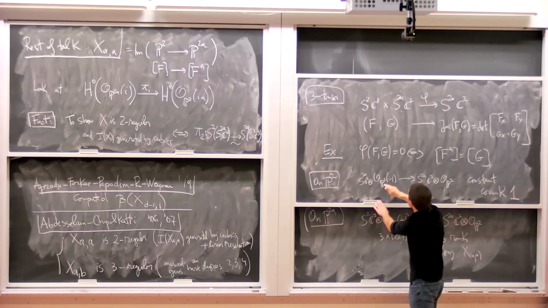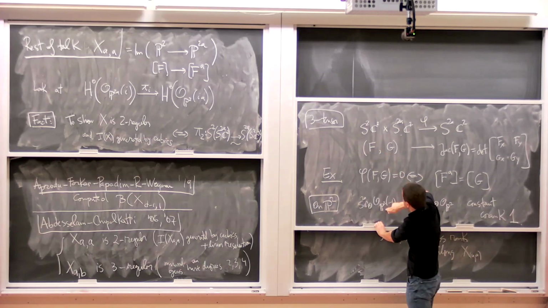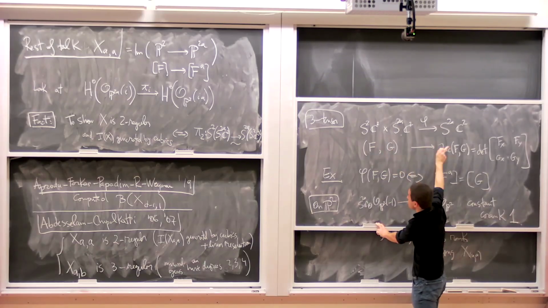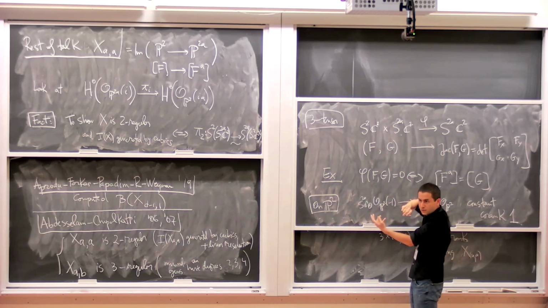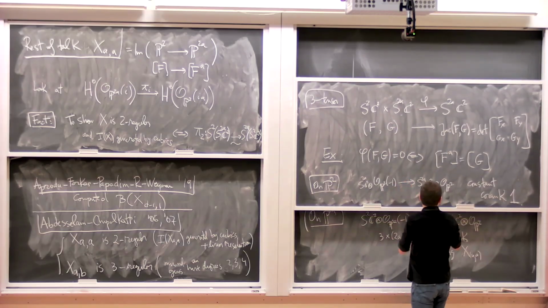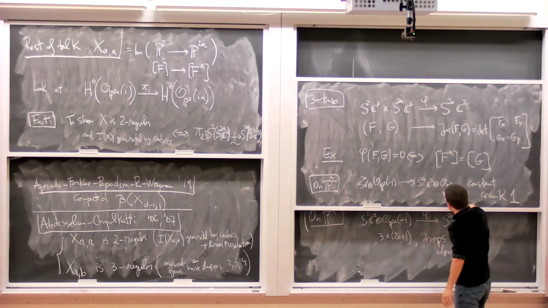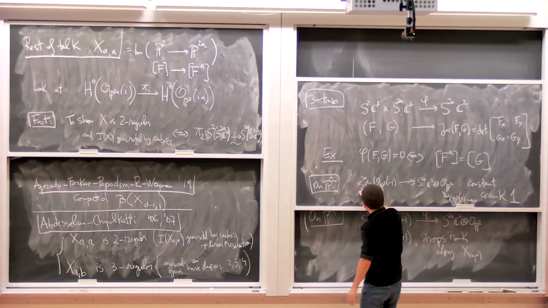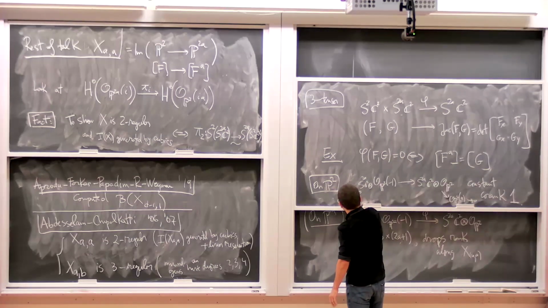If you fix a form f, a point in P2, the map sends g to the Jacobian. The kernel of that is exactly spanned by f to the a. So it's one-dimensional. It's a square matrix. The cokernel is also one-dimensional. So what that means is that the kernel and cokernel are line bundles, and it turns out that this is O of a, and that this one is O of minus a minus 1.